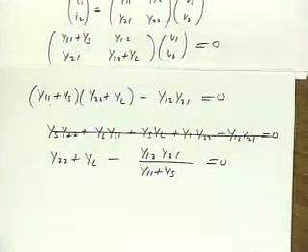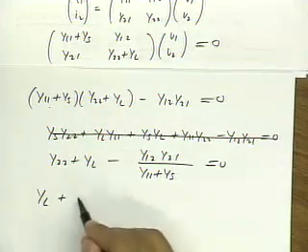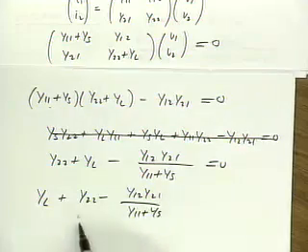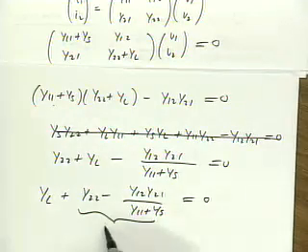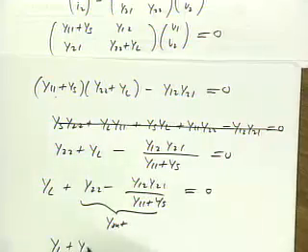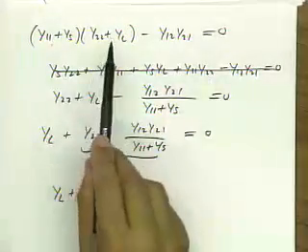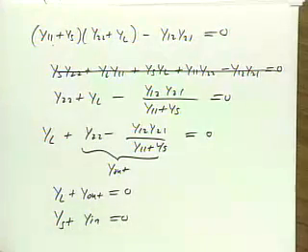That's better, because now you'll recognize the second term here. What's this? Exactly, this is Y out. So I have an equation that says YL plus Y out is equal to 0. If I do it the other way, if I divide by this term, I have an equation that says YS plus Y in equals 0. That makes sense?